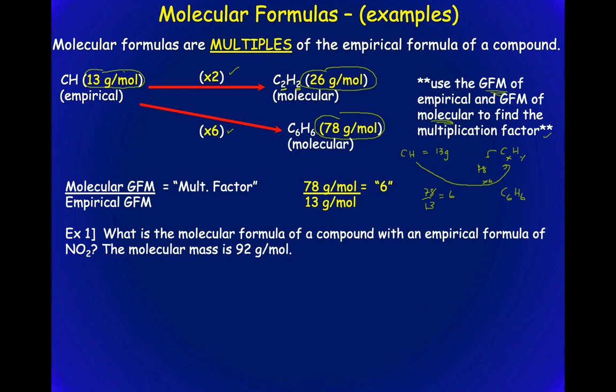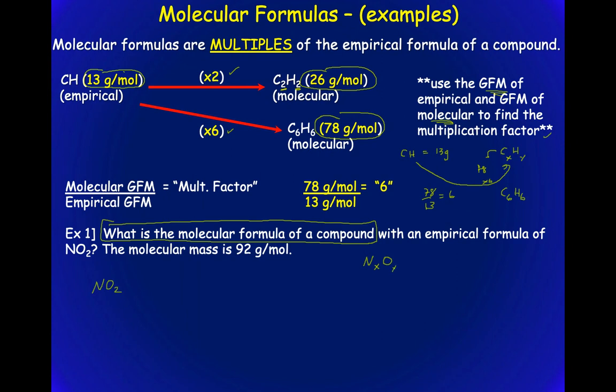So we can see how this works here. It says, what is the molecular formula of a compound with an empirical formula of NO2? So we know NO2 is the empirical formula, and we're trying to find the molecular formula of some other compound.